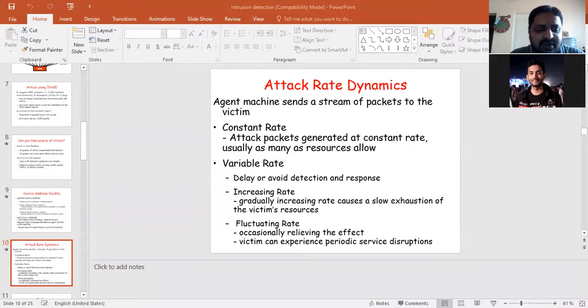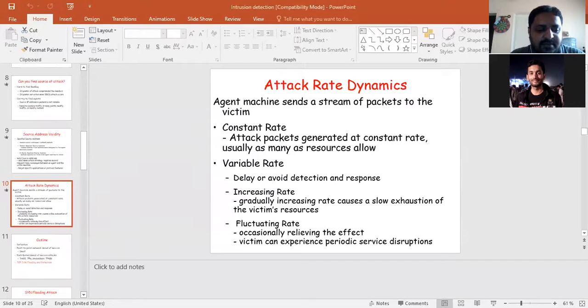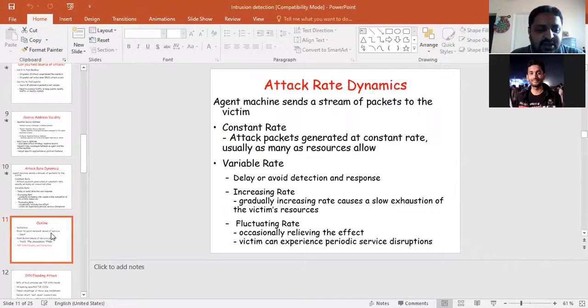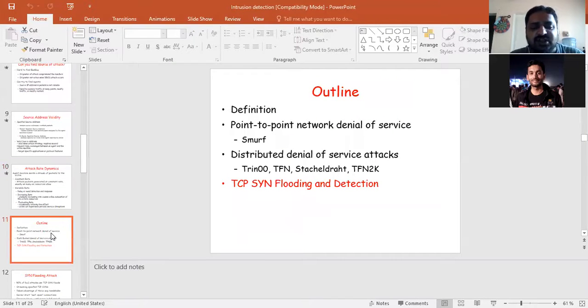And then we further discuss other types of attacks, which are called distributed attacks. We have discussed so far the different attacks, for example point-to-point attacks, where there's a single system and it attacks another single system.